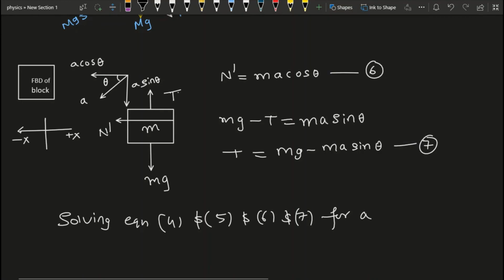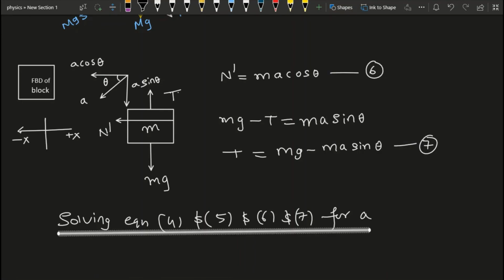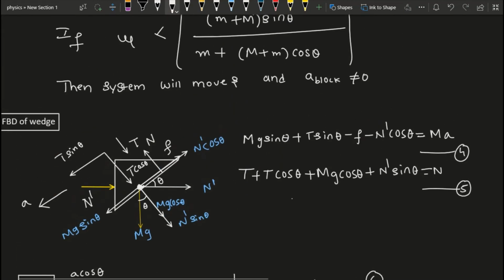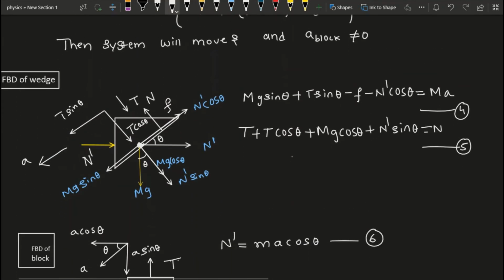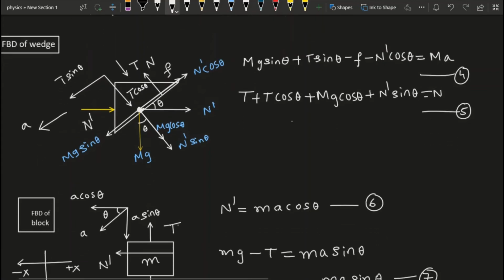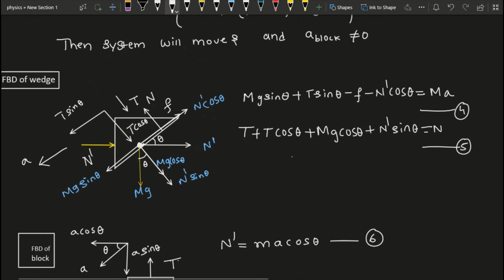Now see students, from here onwards it is purely mathematics, only substitution and solving. Now we have to write the n dash in the fifth equation and fourth equation. First of all, I am going to complete that process. So now let us take the fourth equation first.